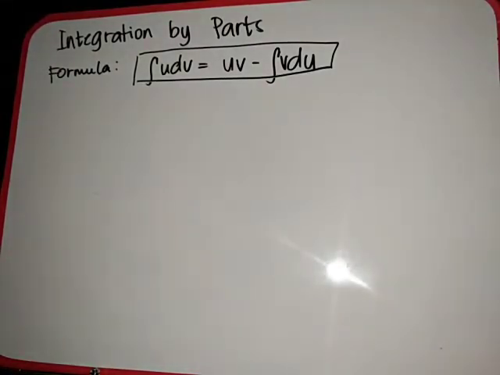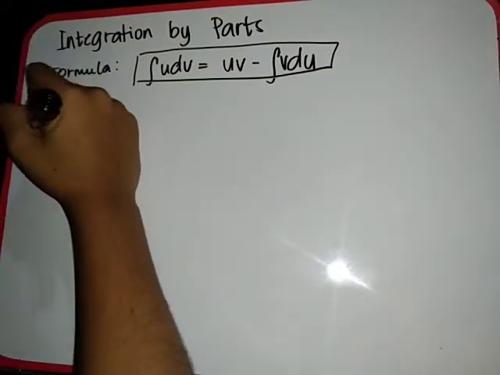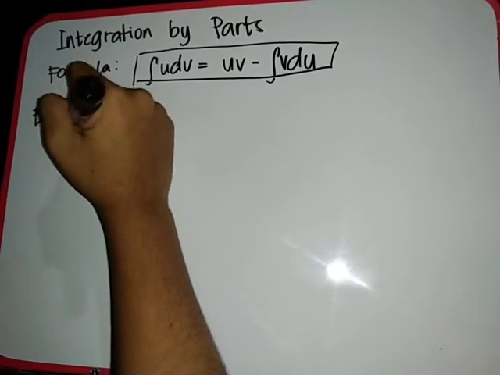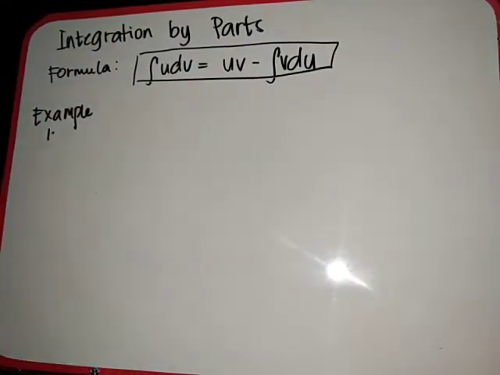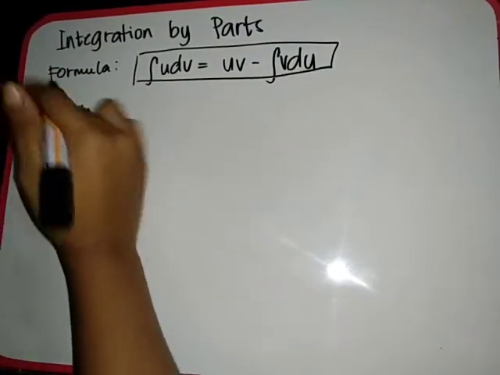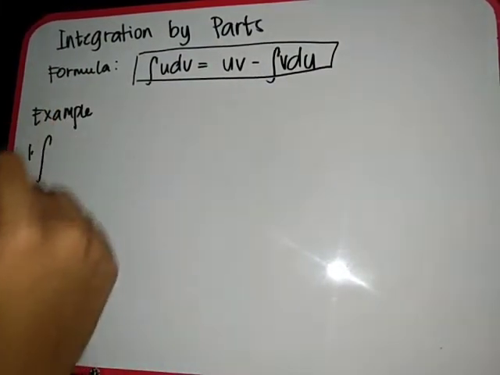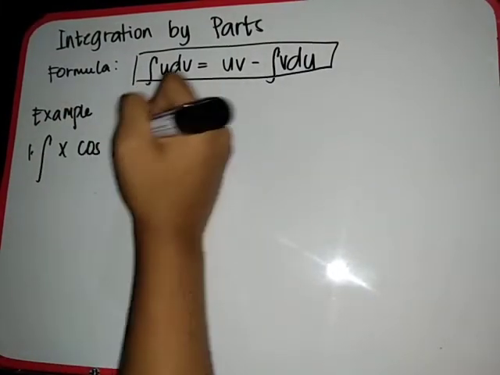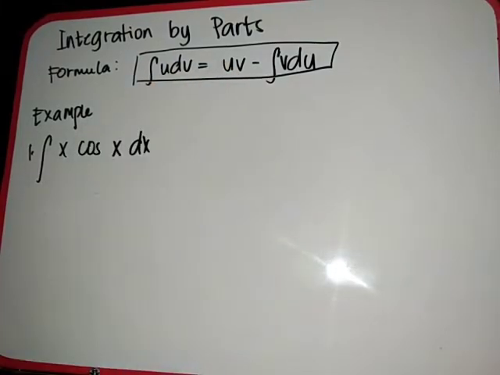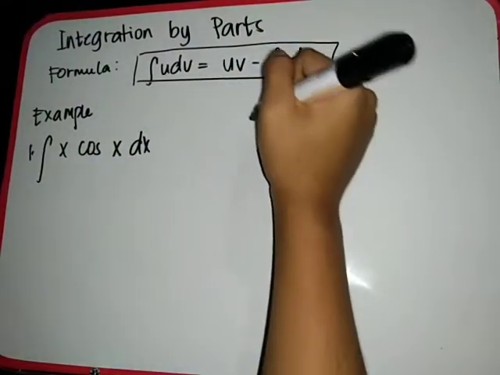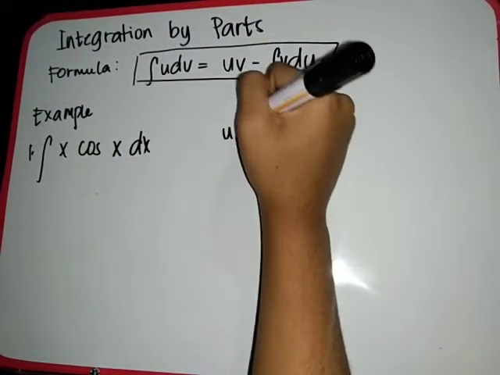So we have example number 1. Example number 1 is the integral of x cosine x dx. So we'll find our u, we'll write it here.